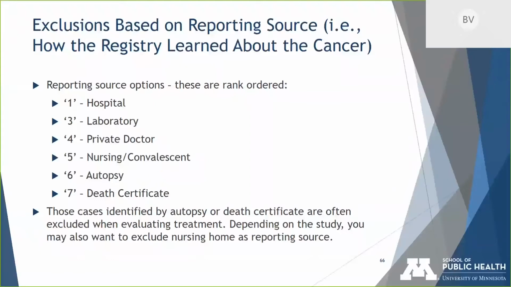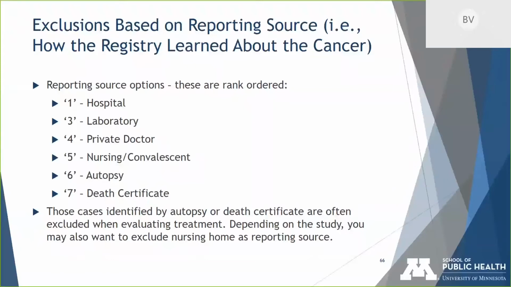And as it relates to exclusion criteria, I'm going to draw your attention to the last two source options on this list. Cases identified by autopsy or death certificate are often excluded from studies that are aimed at evaluating treatment. And this is because those individuals, because they were diagnosed at death, will never be treated. So it doesn't necessarily make sense for them to be in your denominator.